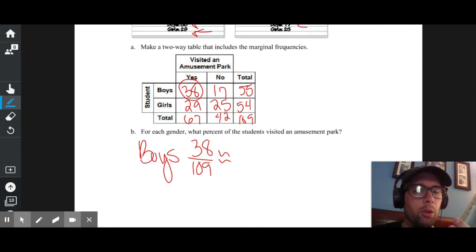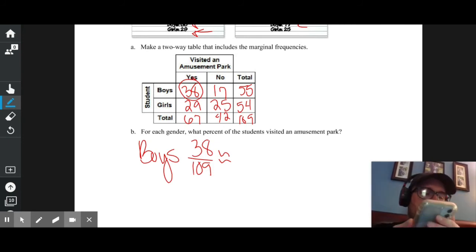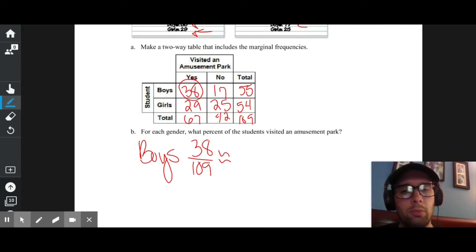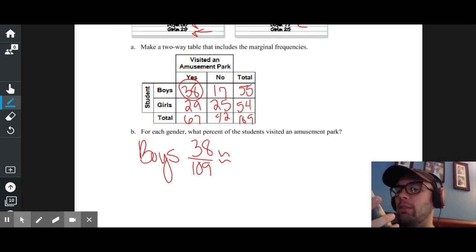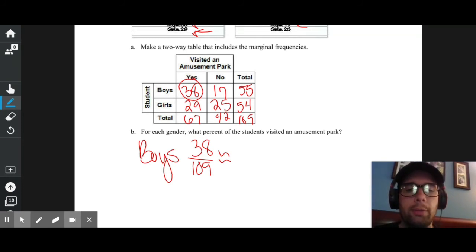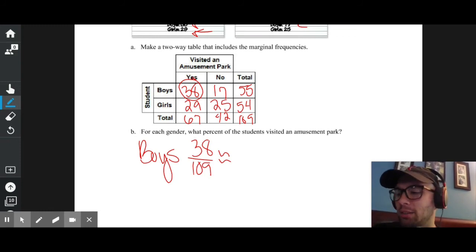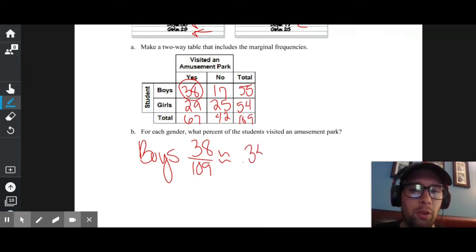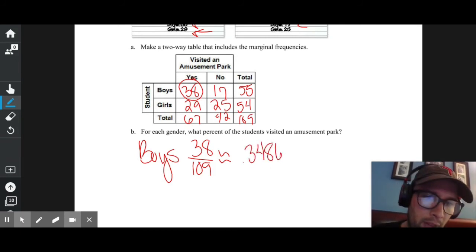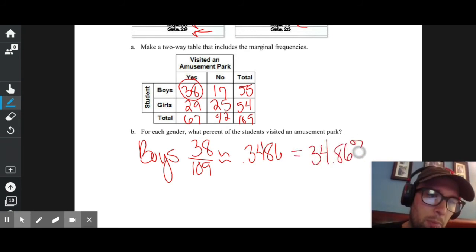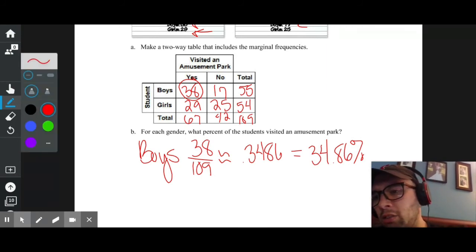This is going to give us a decimal. 38 divided by 109. It's about 0.3486. Multiply that by 100, and you get 34.86%. Okay? That's the boys.